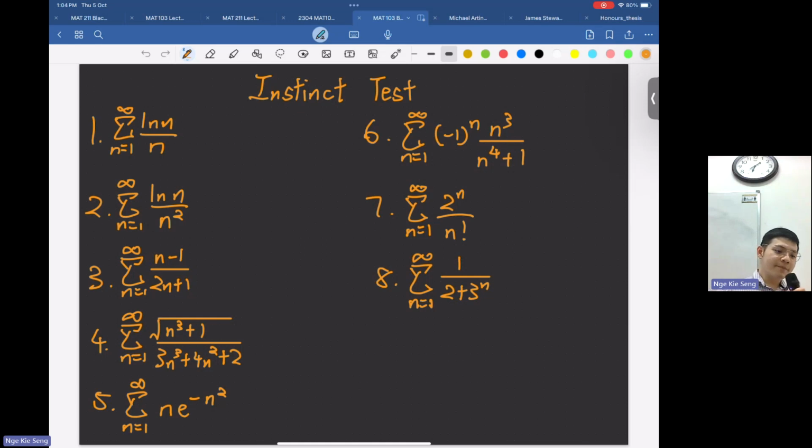Because in the exam you'll be given a few of this kind of series, and I'll ask you to find a test to test for convergence. If you spend too long thinking about it, you might lose time in the exam. So use your instinct to answer first.